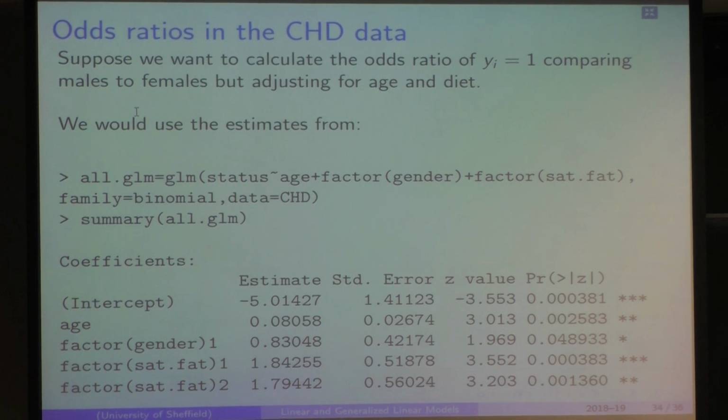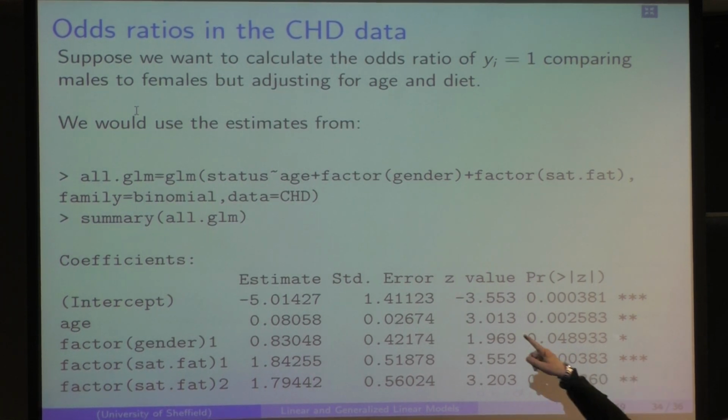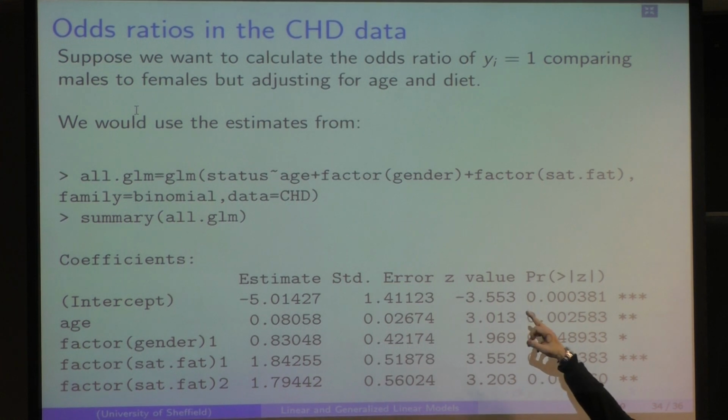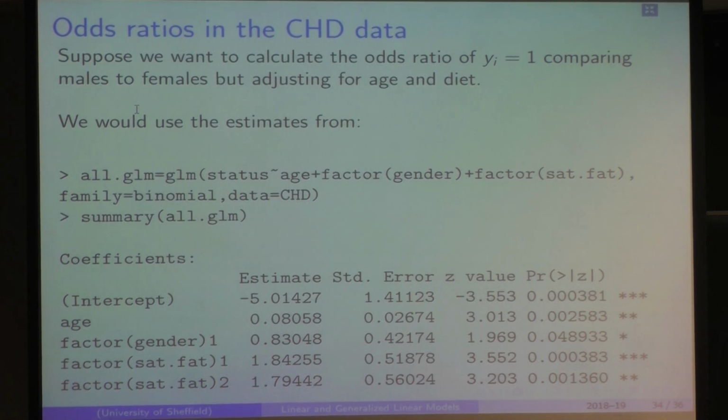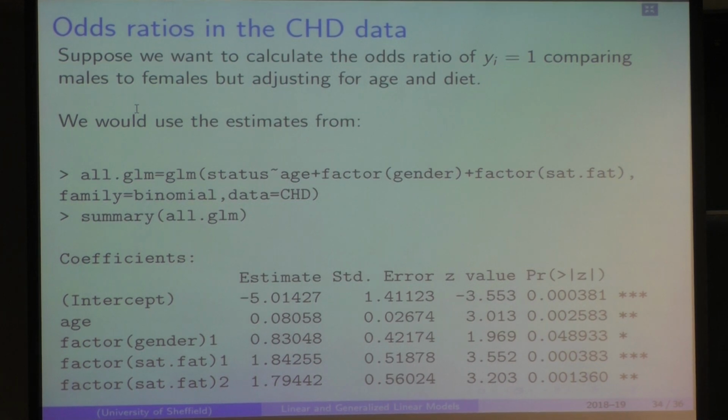Here is what we get if we try and fit the model including all variables. So status is now fitted as age plus factor of gender. Gender and saturated fat are both factors, so that's been included in the coding. Otherwise it's the same. So again, it's a binomial GLM with the default logit link.